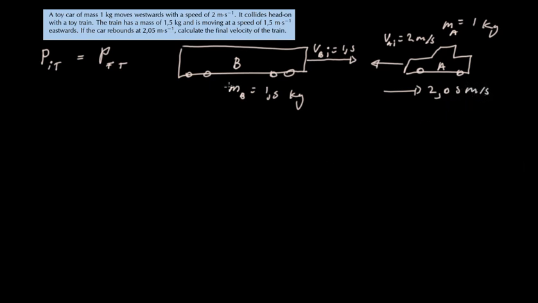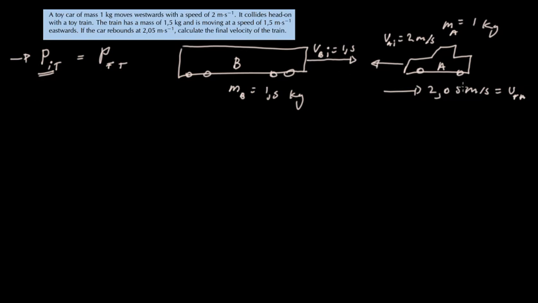So we are told to find the final velocity. This is the final velocity of object A. We are told to find the final velocity of object B after the collision. So let's use this equation over here. Now we're dealing with everything initial for this part.